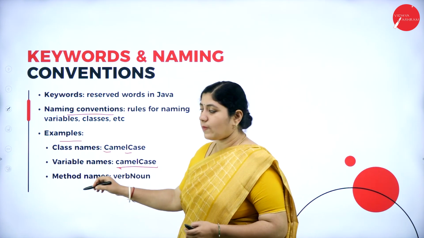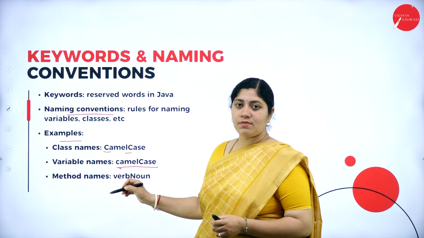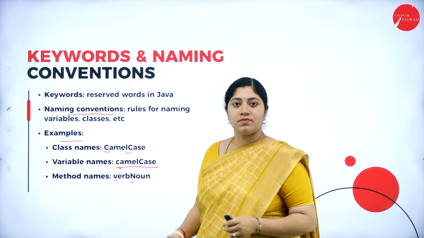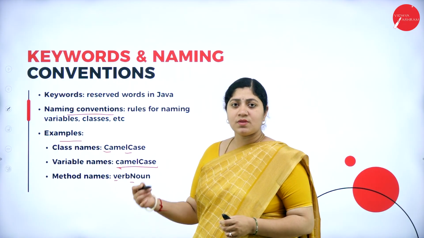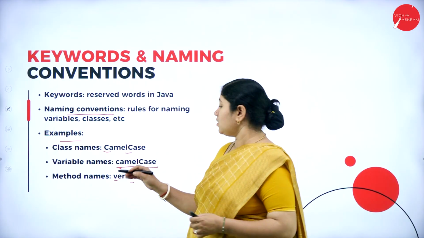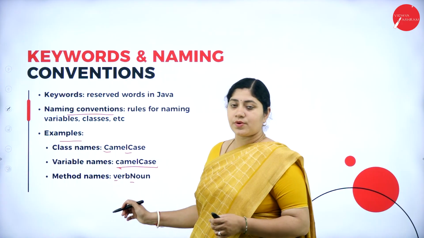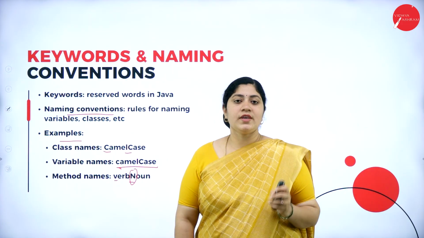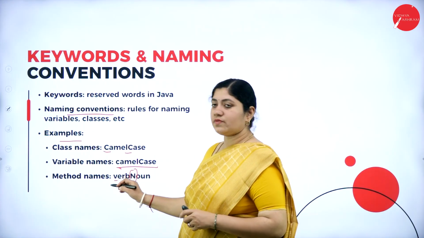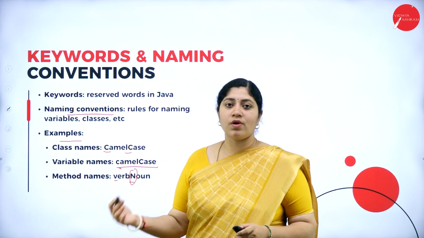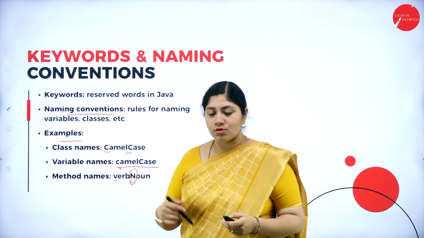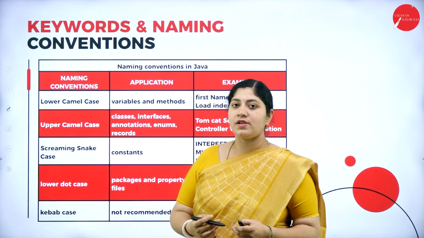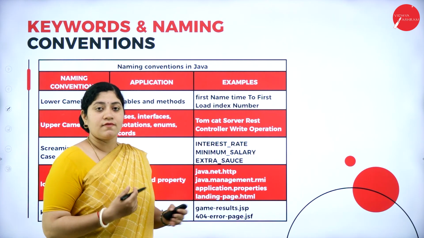Followed by the method name, which is declared as a verb along with a noun. For that, the N must be capital and the starting letter can be a small or lowercase letter. So let's understand this in a better way using this example of naming conventions.